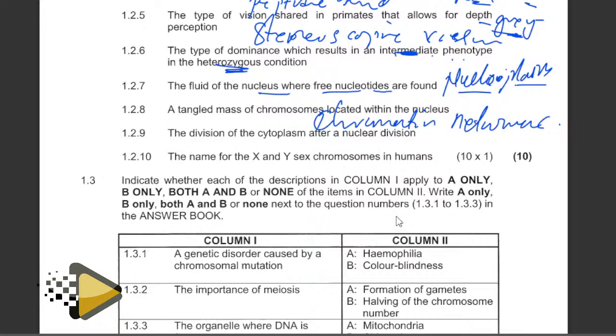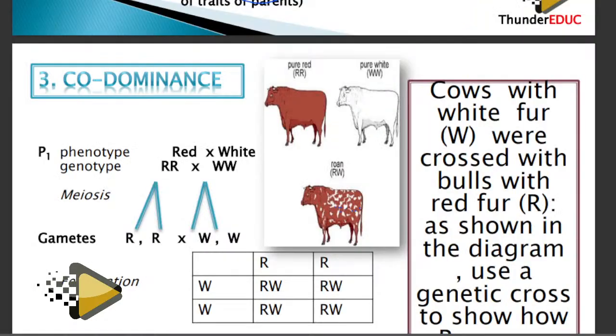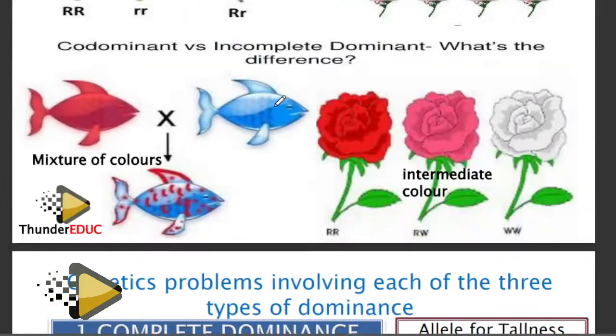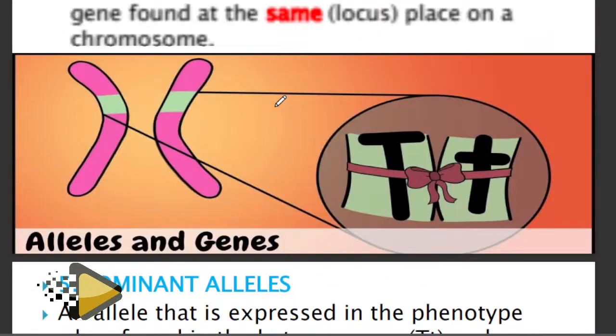All right. Division of the cytoplasm, we call it cytokinesis. We talked about it yesterday. And someone is saying that they are talking about the chromatin network. It is here, we talked about it here.